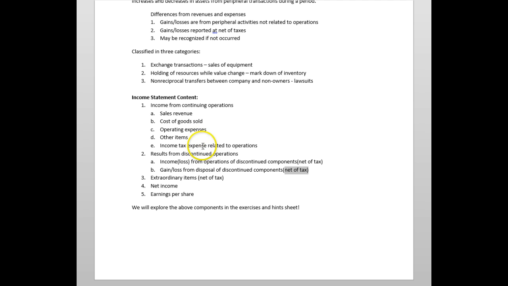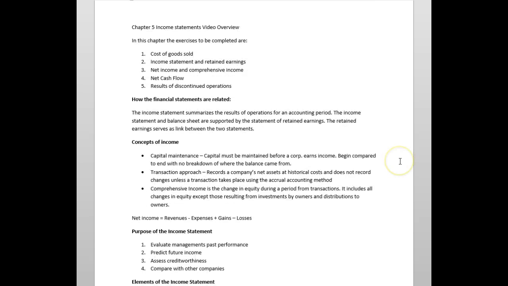So this is laying out how the income statement should be set up. You'll then have extraordinary items, net of tax. That'll give us our net income. And every income statement is going to have earnings per share.